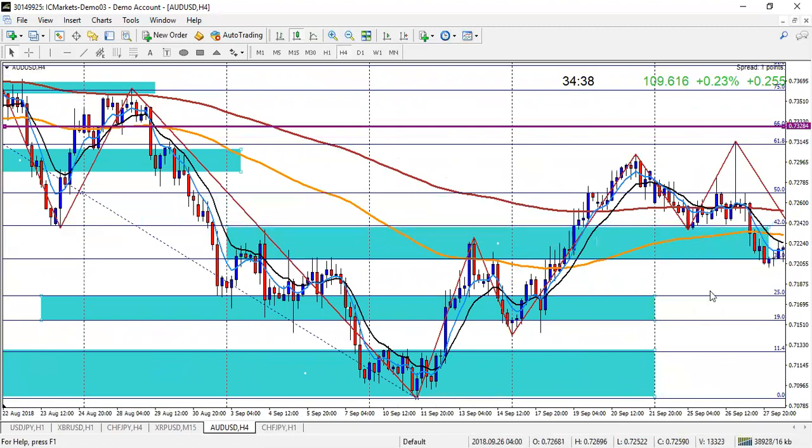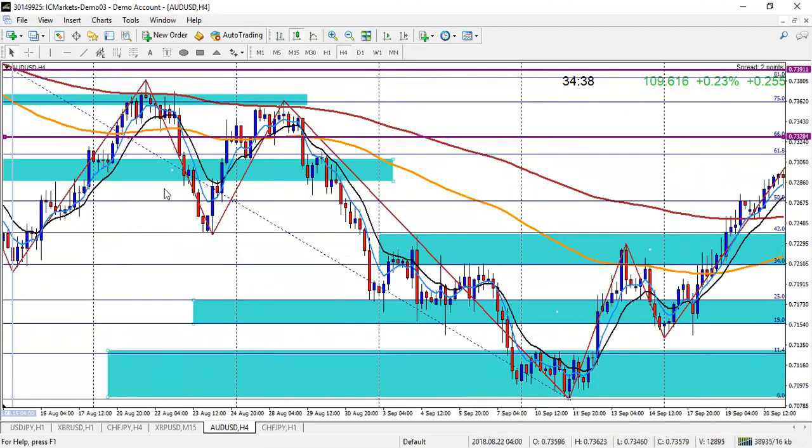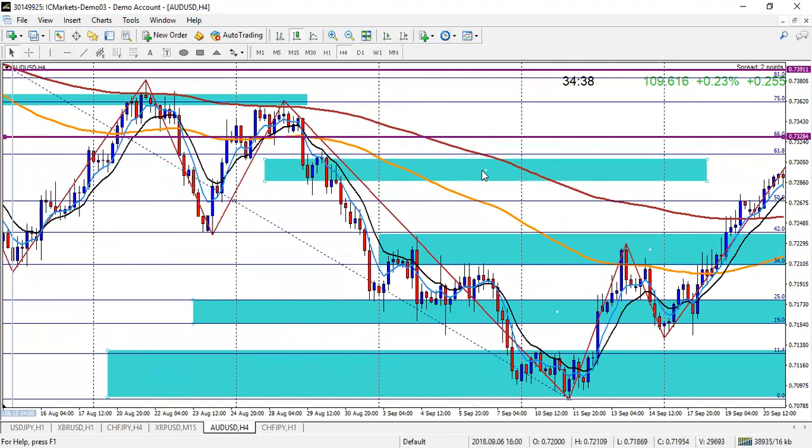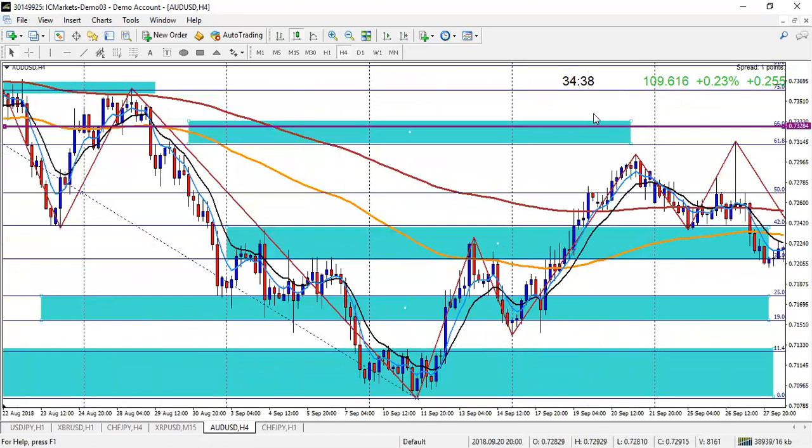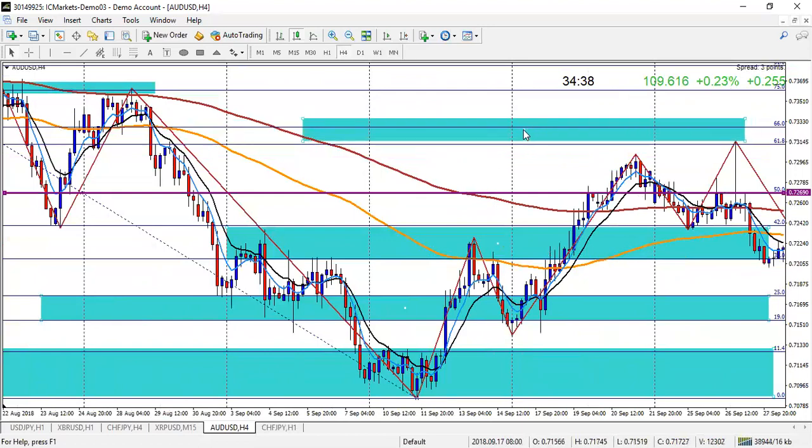Go even further. And we're going to go from 61.8. And remember, we've got to make sure we have a horizontal at 50. 61.8 to 66. All right.